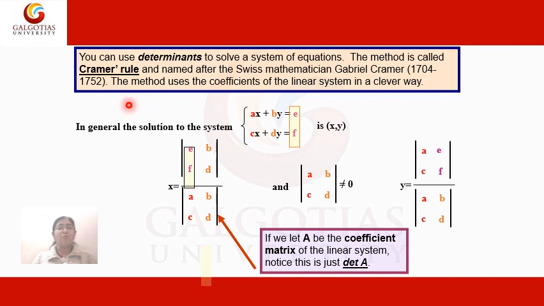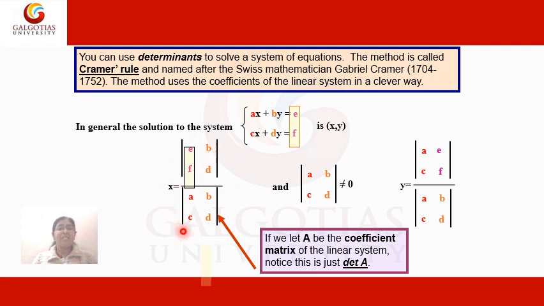Next is Cramer's rule. What is Cramer's rule? With the help of Cramer's rule, we can solve a system of linear equations. So if I have the system of linear equations ax plus by is equal to e, cx plus dy is equal to f, how does Cramer's rule work to find the solution? x is given by the determinant of e, f, b, d upon determinant of a, c, b, d.